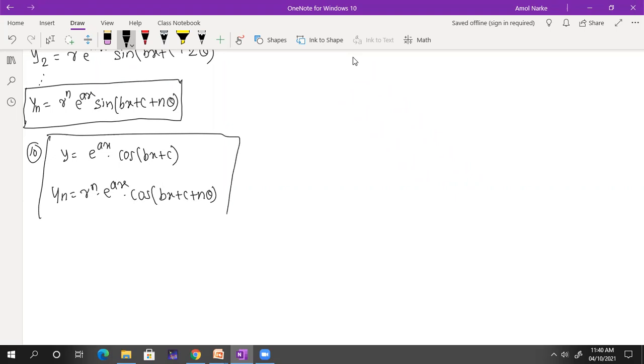Similarly for the sin one, the formula of sin a cos b remains, where a is equal to r cos theta and b is equal to r sin theta. These are the substitutions we do. Okay, these are the basic ones that we deal with in today's lecture.